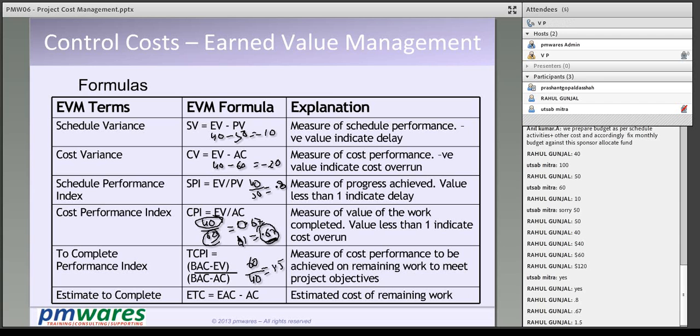So if I run at 150% efficiency, meaning every dollar gives me $1.5 of return, then I will complete the project within my budget. Got it?